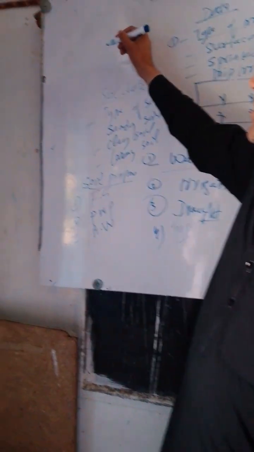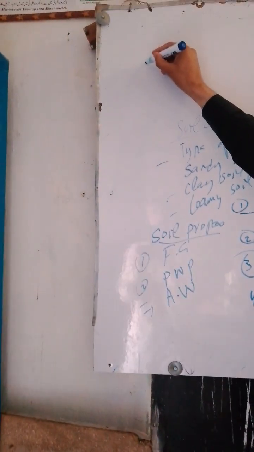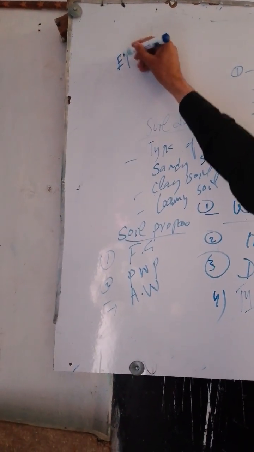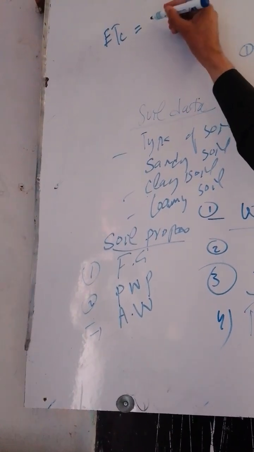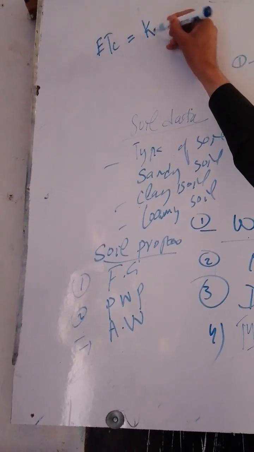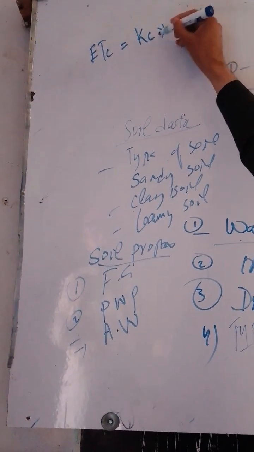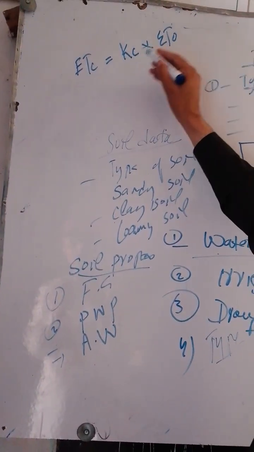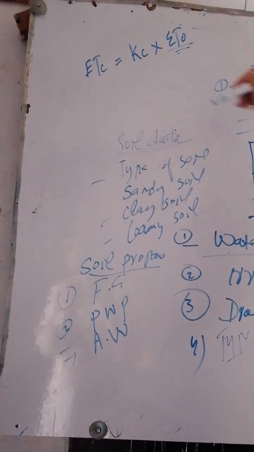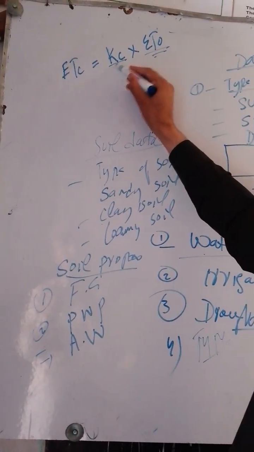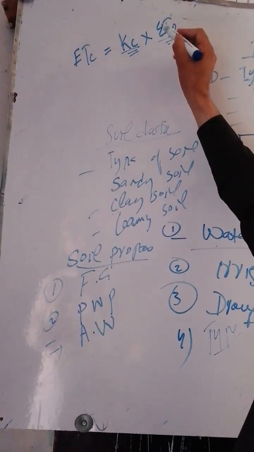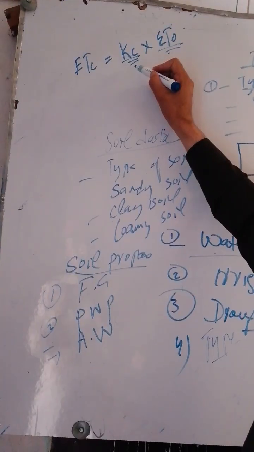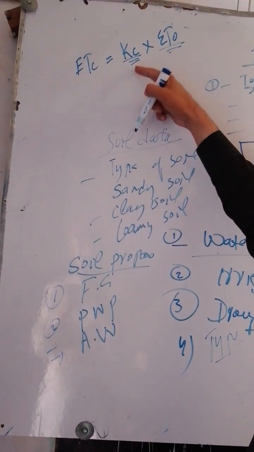The other thing which can be calculated is called ETc, crop evapotranspiration. To find out the crop evapotranspiration, we multiply Kc with ET naught. ET naught will be calculated by the model, and for each crop we have the Kc value in the FAO manual, the FAO book.